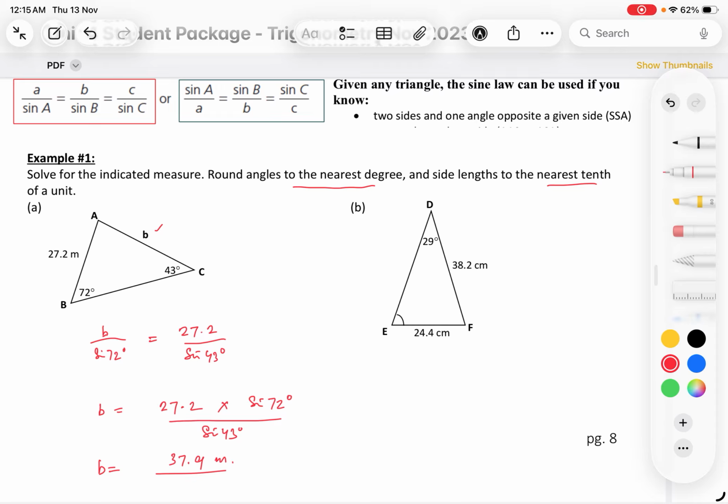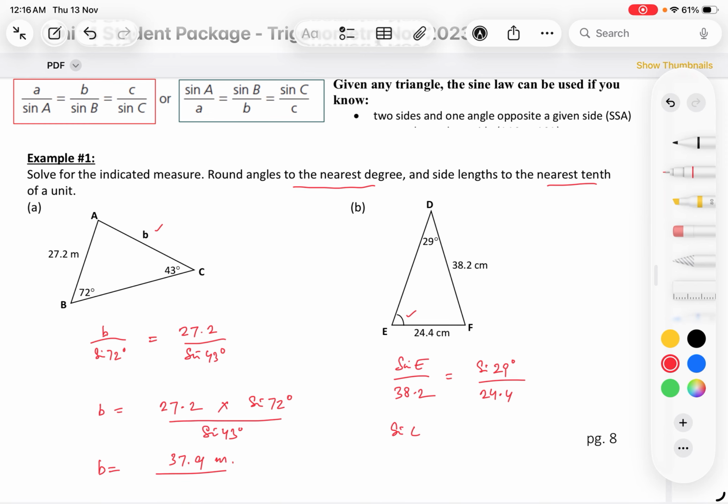In question number 2, we need to find this angle. So sine of angle E over the opposite side, which is 38.2, is equal to sine of angle D over 24.4.